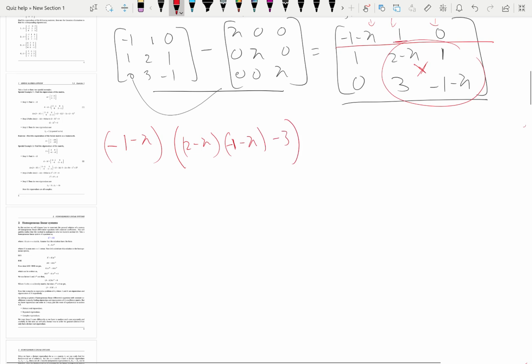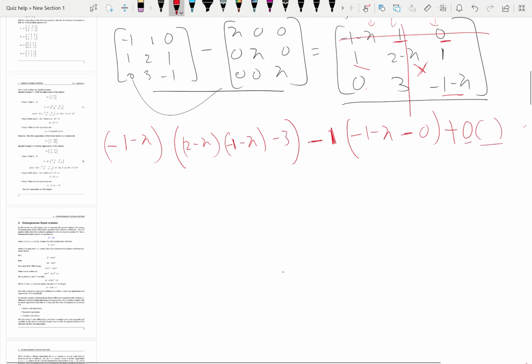Then you take the second number, but by default here it's negative, times 1 times the determinant of the rest, forgetting about the second column and the first row: 1 times negative 1 minus lambda is negative 1 minus lambda, 0 times 1 is 0, minus 0. Plus, by default, times 0, the third element. Everything else doesn't matter because you multiply by 0. This should be equal to 0. Determinant should be equal to 0, as we discussed in the previous video.